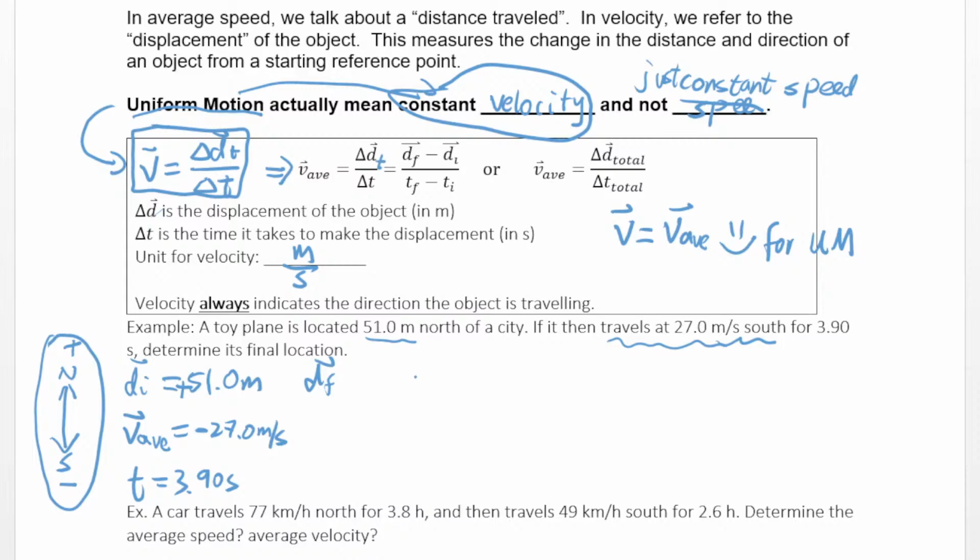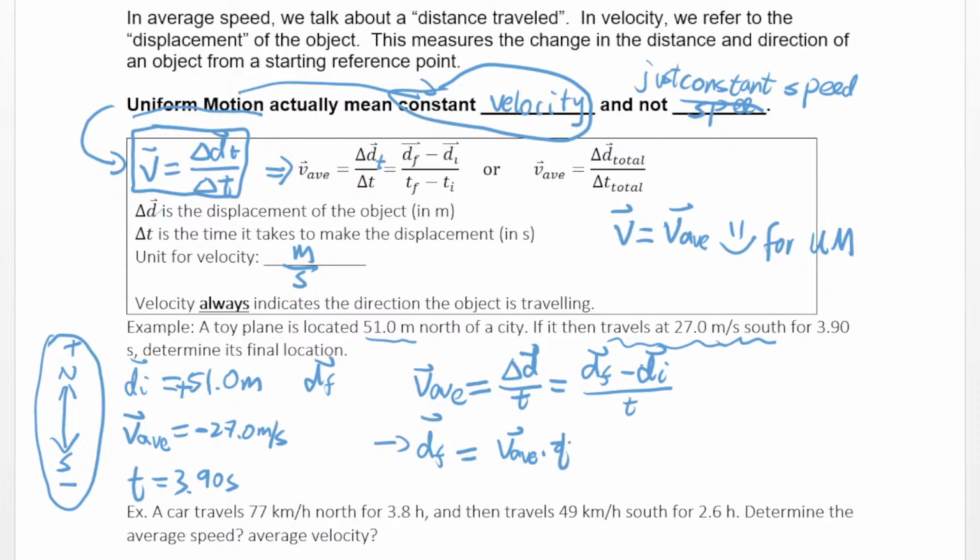So we know the average velocity, which is the only velocity here, is equal to displacement over time, which, by the way, displacement is the final. That's because we want our actual variables in our formula. Rearrange, so that means our final position, you can take your time to rearrange. I did this quickly, so it's going to be V average times time plus the initial.